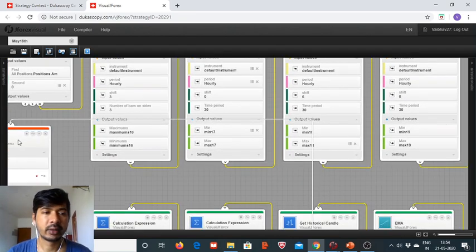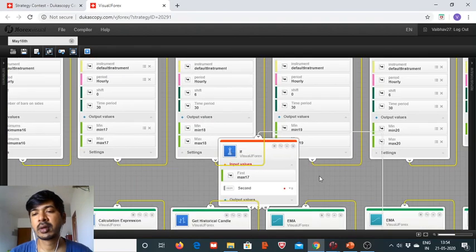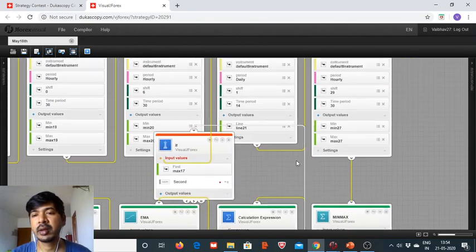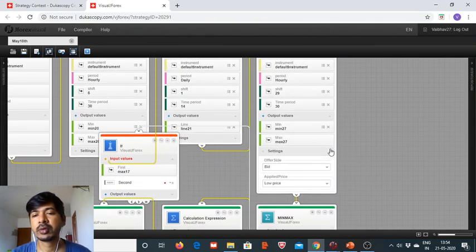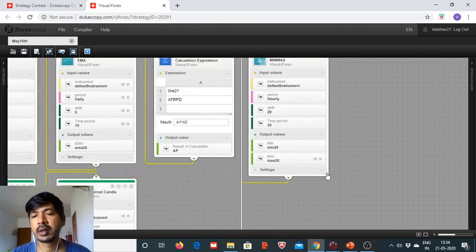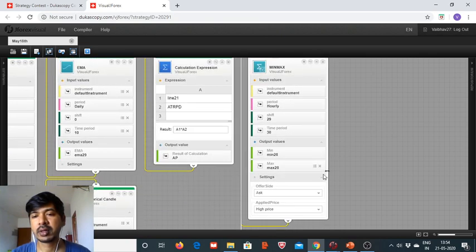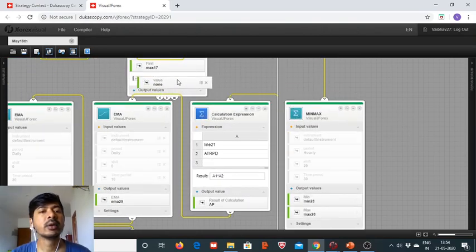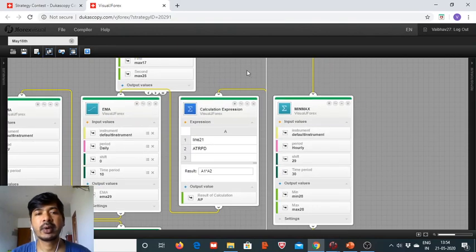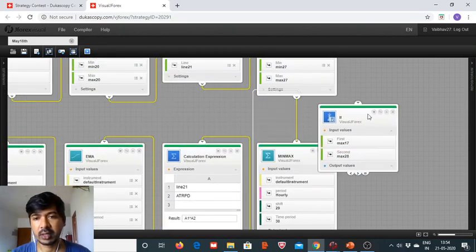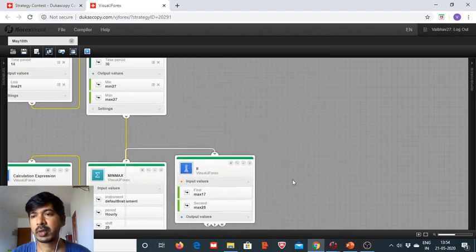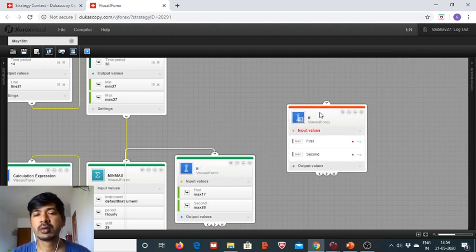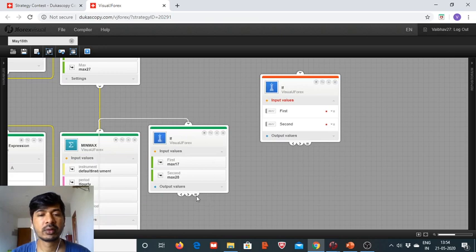So we are sure that the maxima is rising. That means correction is there, and it should be ask and high price. Okay, so we got this maxima 28. Maximum 17 should be higher than the maximum 28, and we bring in one more if condition. It should be greater.